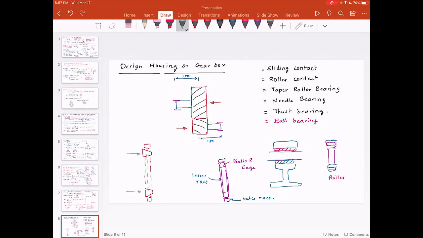So typically in the helical gear, I have seen taper roller bearings used, so you can assume taper roller bearings here. I'm going to assume taper roller bearing, and then I'm going to construct a housing around it.